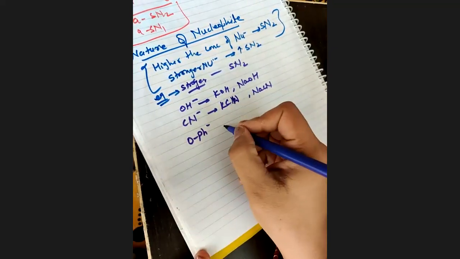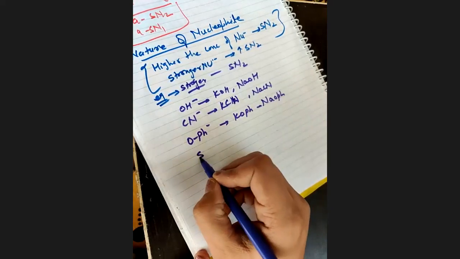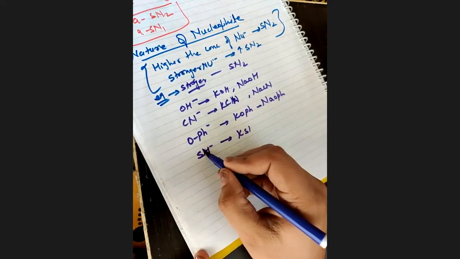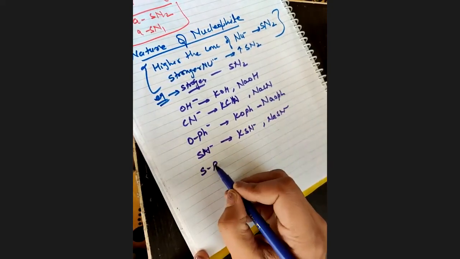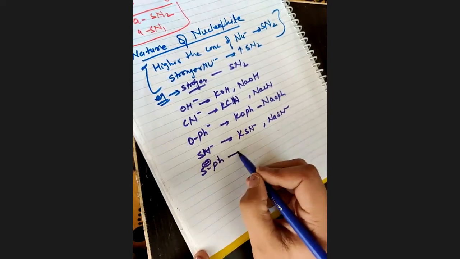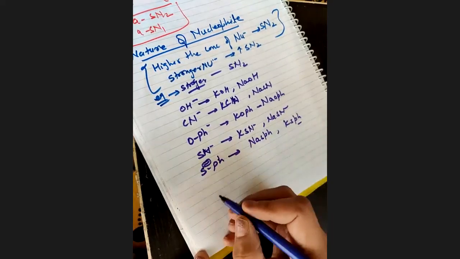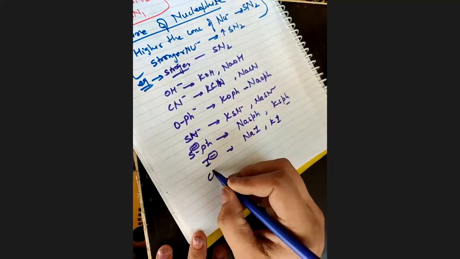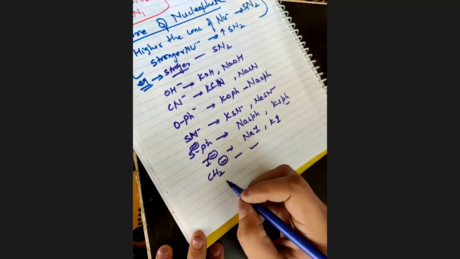If it comes, these things will become easy for you to find out. OPh, phenyl. KOPh, NaOPh, SCN negative, sorry, it's not SH, it's SCN: KSCN, NaSCN. Next SPh, phenyl also comes along: NaSPh, KSPh. I negative: NaI, KI. CH3 negative, and you are very familiar with where you will get it from.